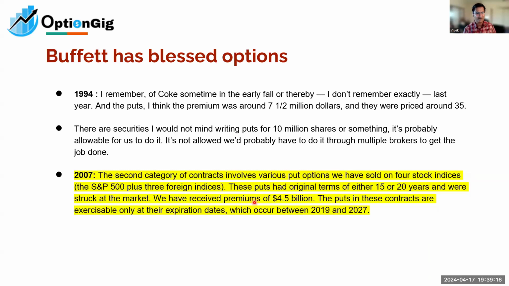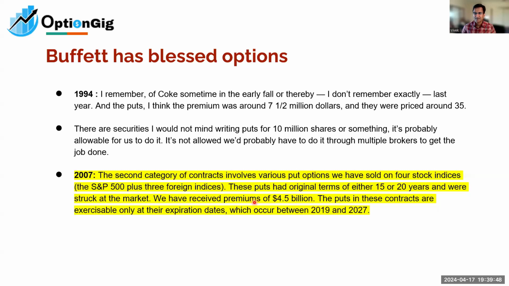He received $4.5 billion in premium in 2007 when he sold this, which he can then use in his business. And that contract is valid for 15, 20 years. And he knew that the market is definitely going to stay higher than where it was in 2007, 15 years later. We're already beyond 15 years.